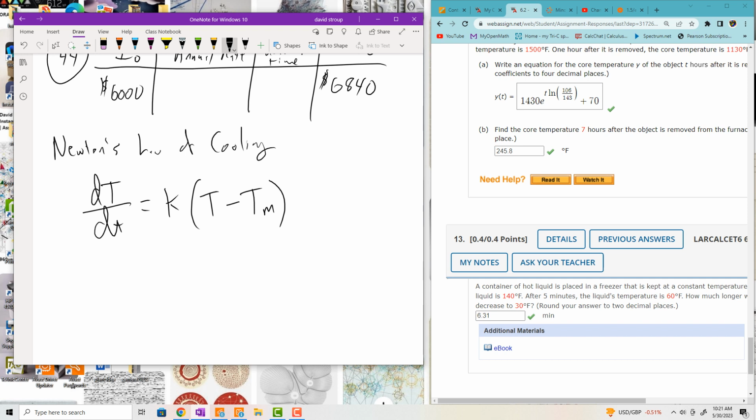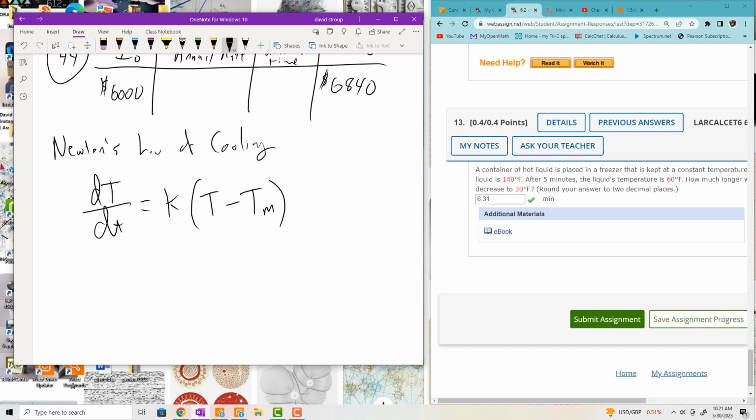Obviously, if you put the pizza in a very cold room, its rate of change of temperature is going to be much quicker than if you put it in a room that's basically room temperature, like 70 degrees. So if you put it in a room that's like minus 30 degrees, it's going to cool much quicker than if you put it in a room that's 70 degrees.